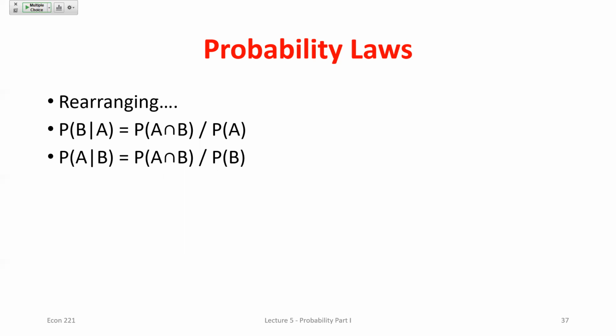I'll save the other example for talking about independence. Let's say my event B is something like this, and let's say the probability of B is 0.4.